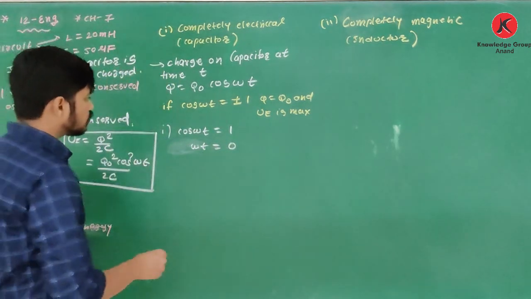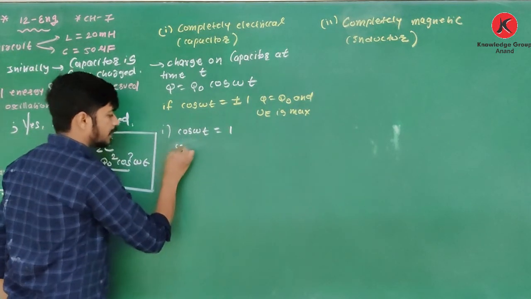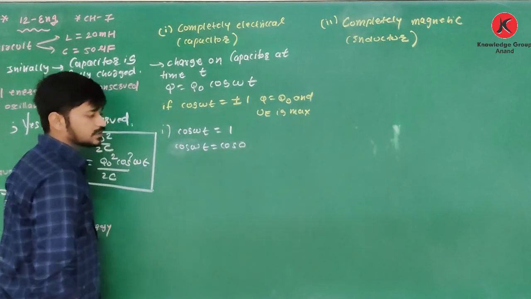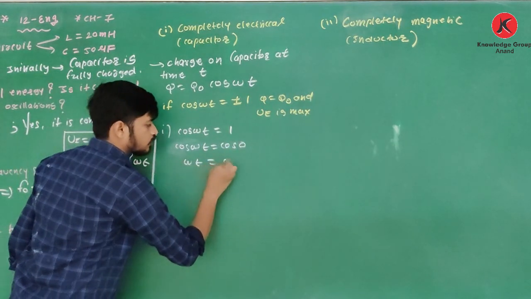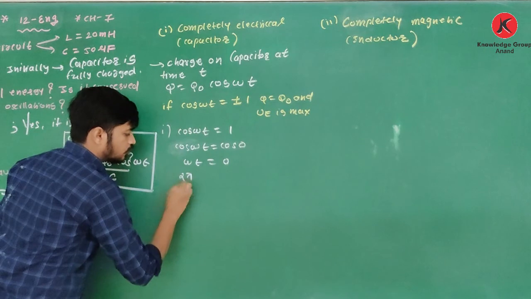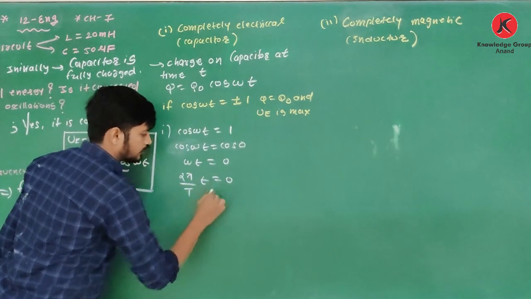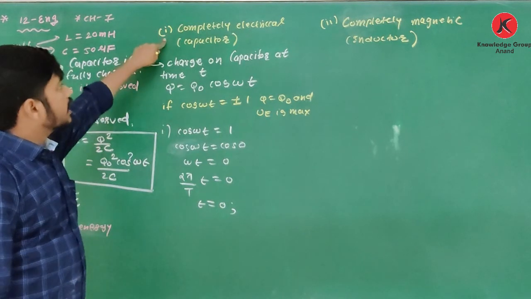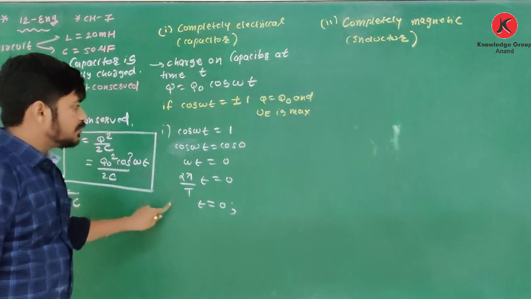Omega means 2 pi upon T, so t is equal to 0. So at time t equal to 0, the energy stored is completely electrical.